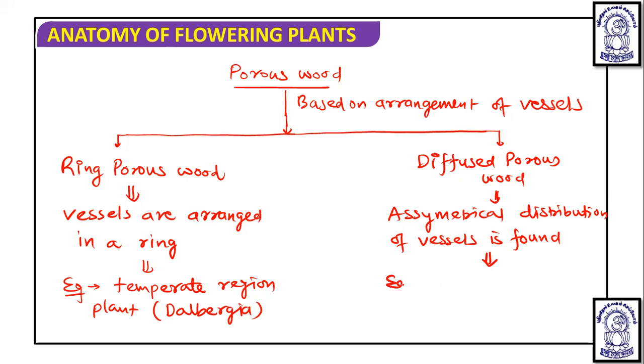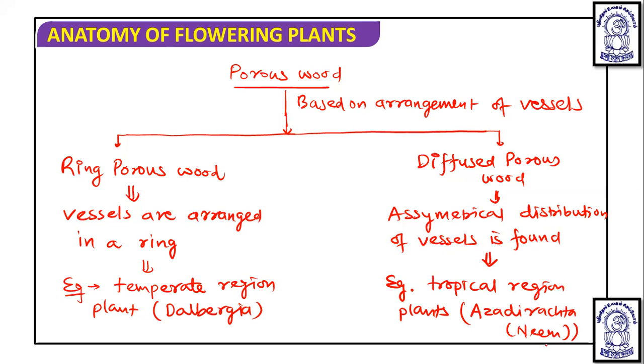Whereas if we talk about the diffuse porous wood, here we take the example of tropical region plants, such as Azadirachta, which we call the neem tree. In this neem tree you will see that asymmetric distribution of vessels is found. Okay, so these are the different particular types of wood found in different angiosperms and gymnosperms.